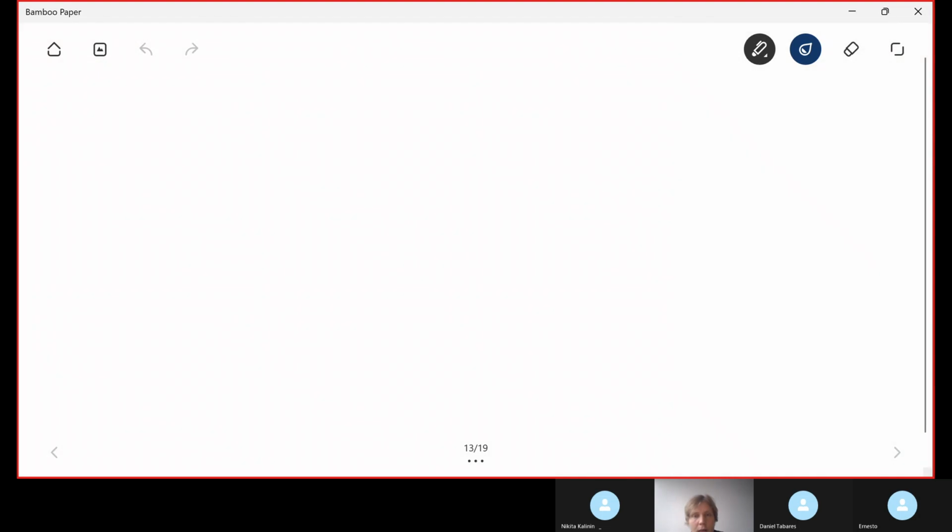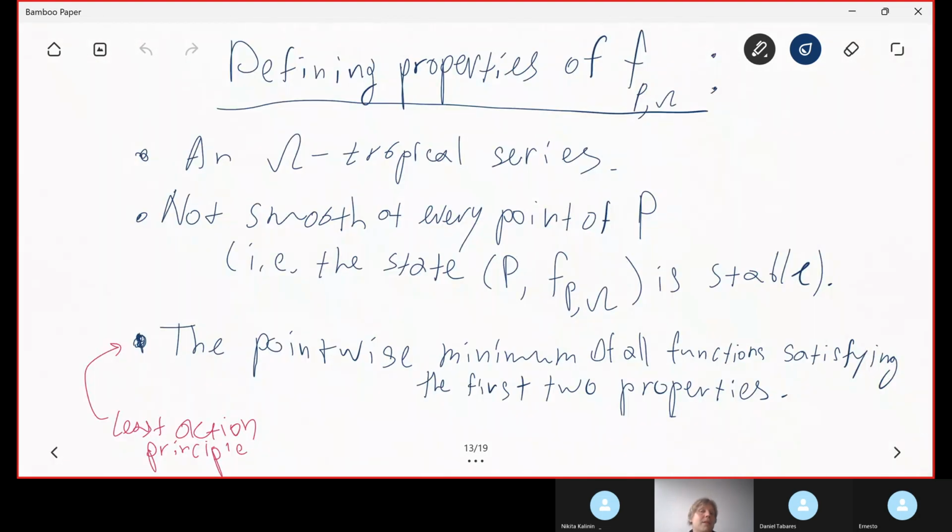Now I think I want to tell you what is this limit, Fp omega. So first of all, it's an omega tropical series. It is not smooth at every point of P. In other words, P Fp omega is a stable state. And it's the pointwise minimum of all functions satisfying the first two properties.